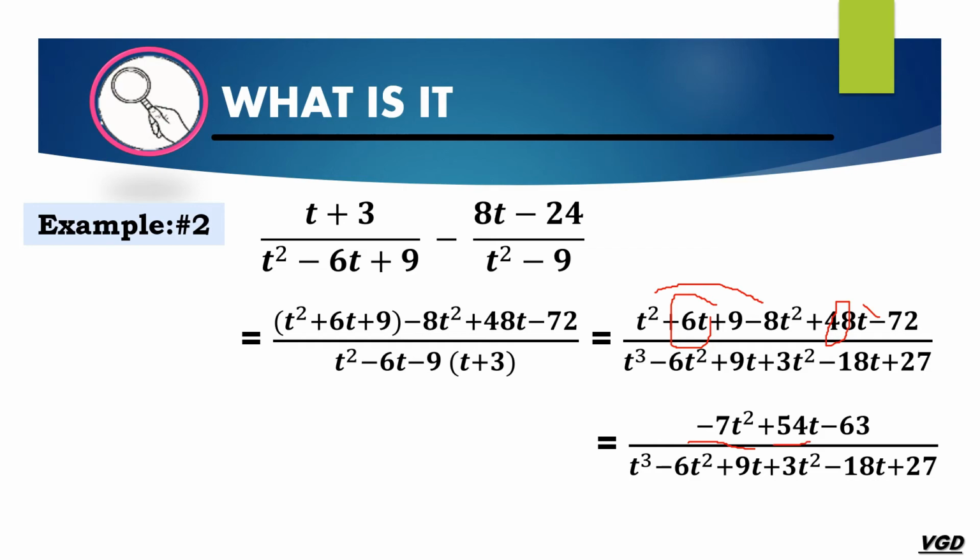And for the last term, we have here positive 9 minus 72 is equal to negative 63. So our numerator will become negative 7t squared plus 54t minus 63 over t cubed minus 6t squared plus 9t plus 3t squared minus 18t plus 27.